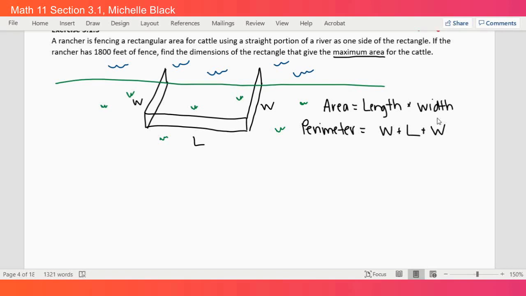Now, I also know how much fencing I get to use, which is 1,800 feet. The fencing, or the 1,800 feet, is going to give me my perimeter.